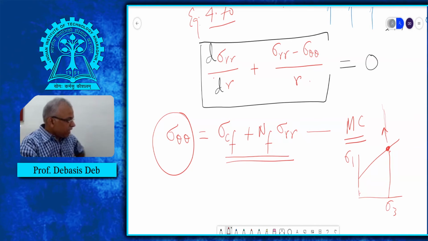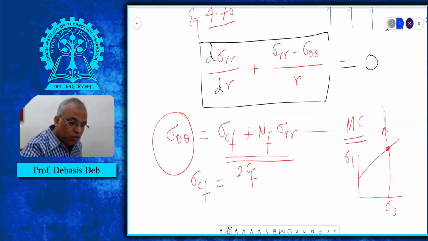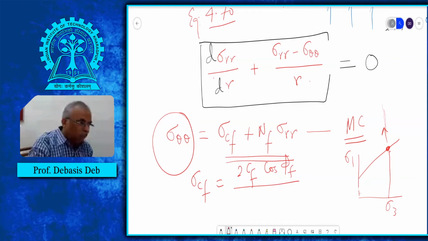Okay. Now sigma C, we have to write it like this. Sigma CF is 2CF cos phi F over 1 minus sin phi F. The subscript F is to make you understand that it is a failure rock we are talking about.